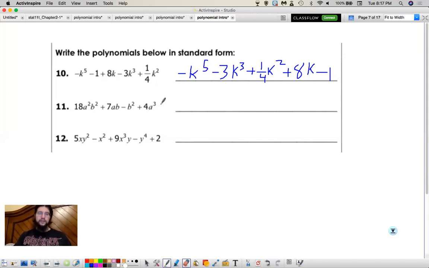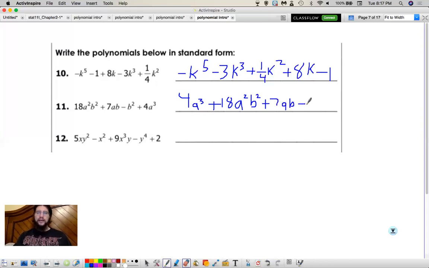This is a third degree polynomial, cubic. Do I have any a squareds? I have 18 b squared a squareds. So plus 18a squared b squared. Again, b is just a number. Plus 7ab, which is to the first power, minus b squared.